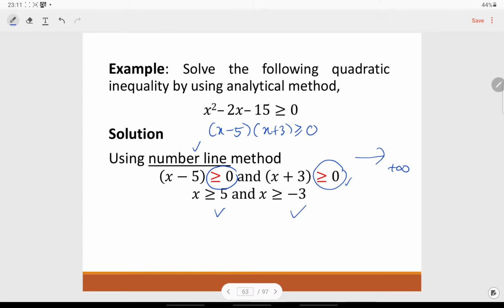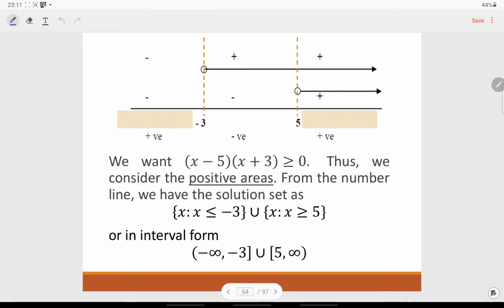So we draw the number line. These two arrows are pointing towards positive infinity. x is greater than or equal to 5 is covered by this line, and x is greater than or equal to negative 3 is covered by this line.